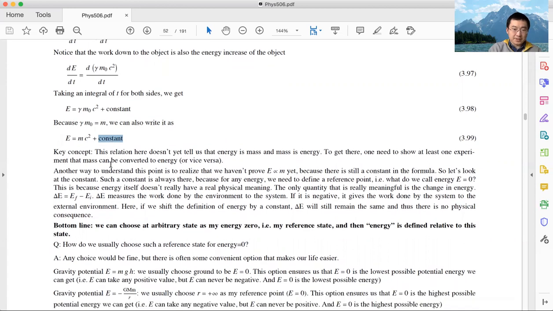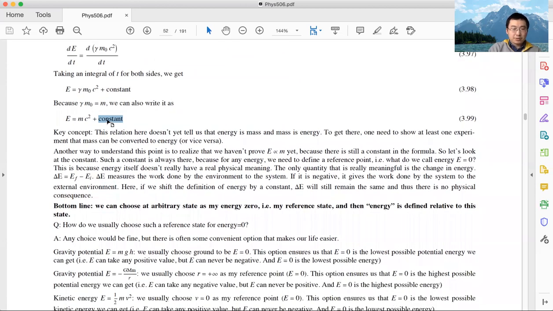Well, let's look at this constant. What is a constant in energy? First of all, the first thing I want to point out is that for energy, the constant actually doesn't matter. We can shift all the energy by an arbitrary amount and still describe the same physics.